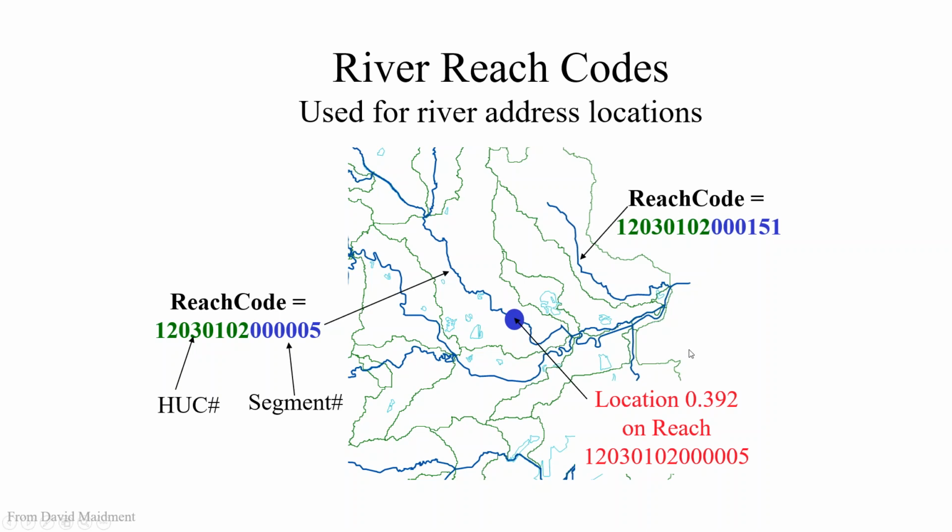If you want to specify a point on a river, you need to identify the reach of the river, and there's a unique reach code associated with it that's based on the hydrologic unit codes, as well as segments within it. And the location on the reach, the 0.392, means it's that fraction of the distance from the downstream end up to the upstream end.